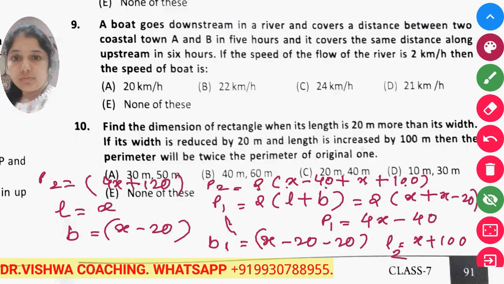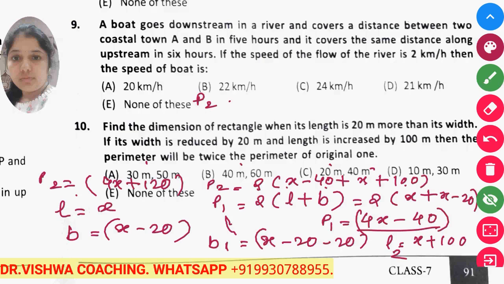Okay, now the new perimeter will be twice the original perimeter. Now the original perimeter P1 is equal to 4x minus 40, and P2 is equal to 4x plus 120. So this new perimeter is twice the perimeter of the original one.